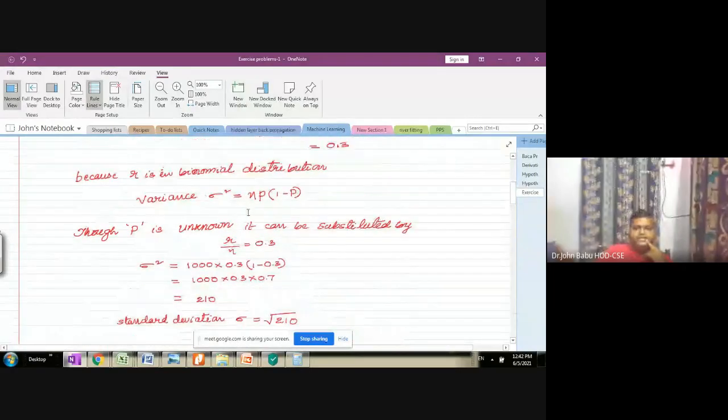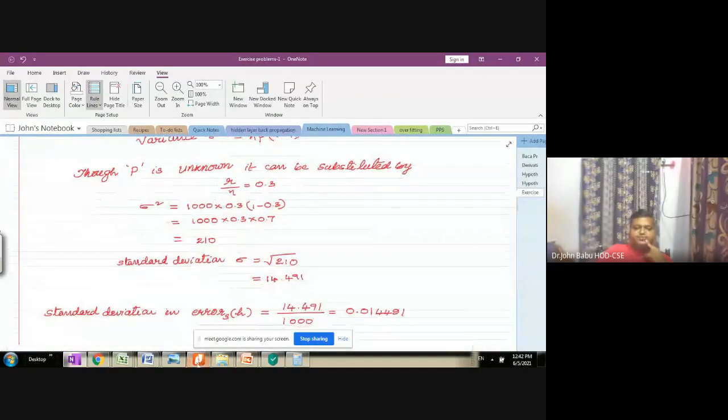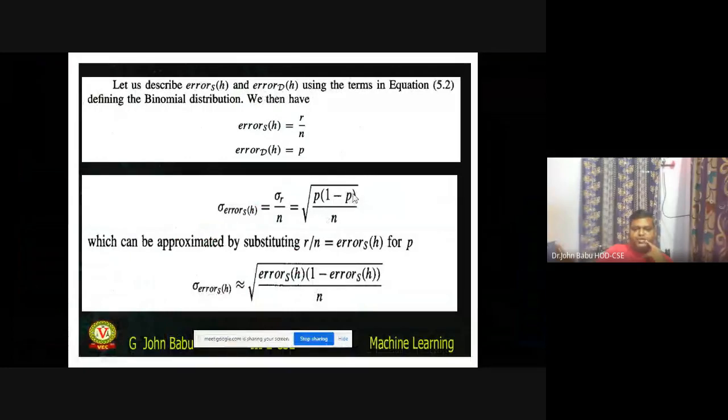So we have calculated standard deviation from this formula, np into 1 minus p, and standard deviation is equal to square root of np into 1 minus p by the number of samples, which gives the same formula here, p into 1 minus p by n. We can calculate the same because probability is taken as the sampling error SH into 1 minus SH by n.